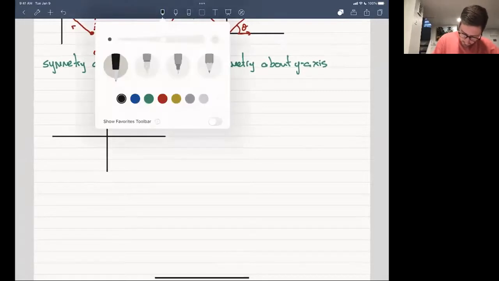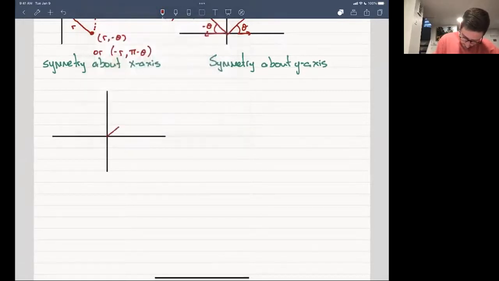Imagine again, we've got a polar curve or a point in polar coordinates described like this. So this is going to be r comma theta. Then if we just negate the r variable, not the theta variable, that is going to put us like this.